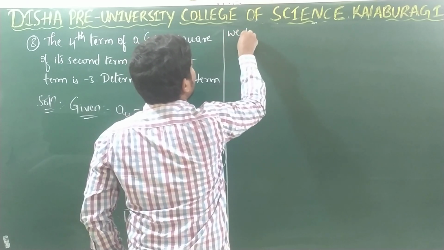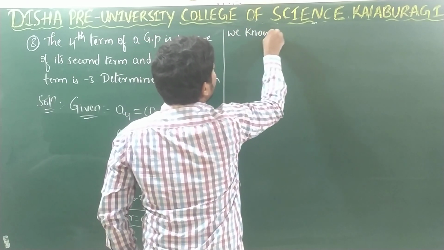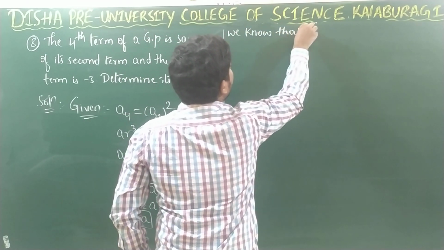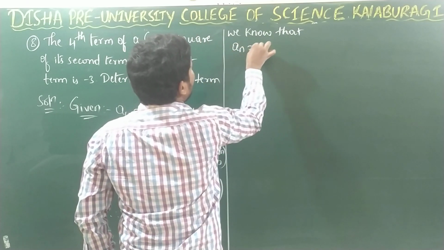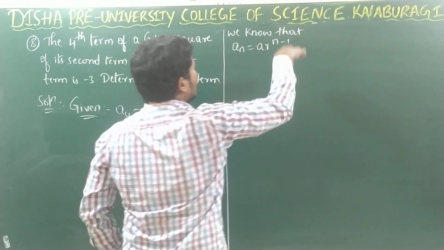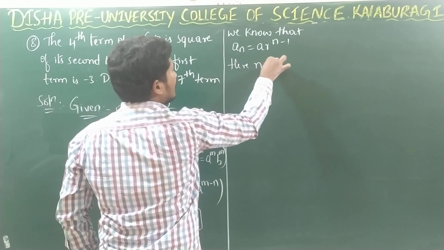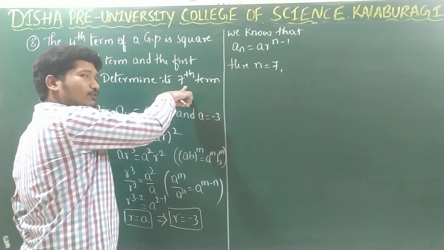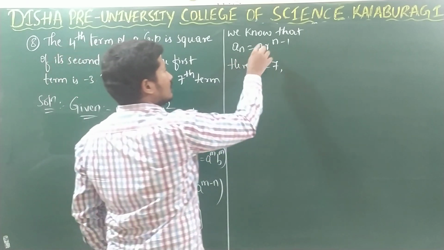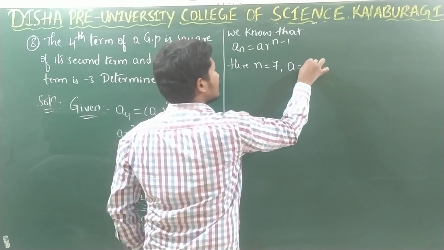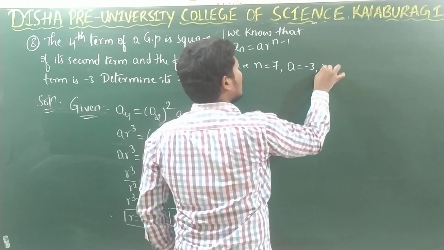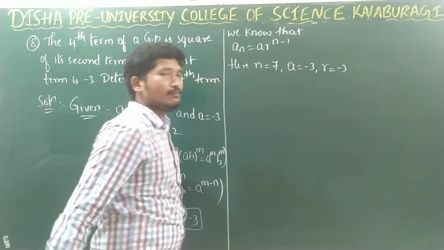So we know that an is equal to a into r power n minus 1, right? So here we have the value of n as 7. Why? Because we have to calculate the seventh term. The value of a is given as -3. The value of r we obtained as -3.